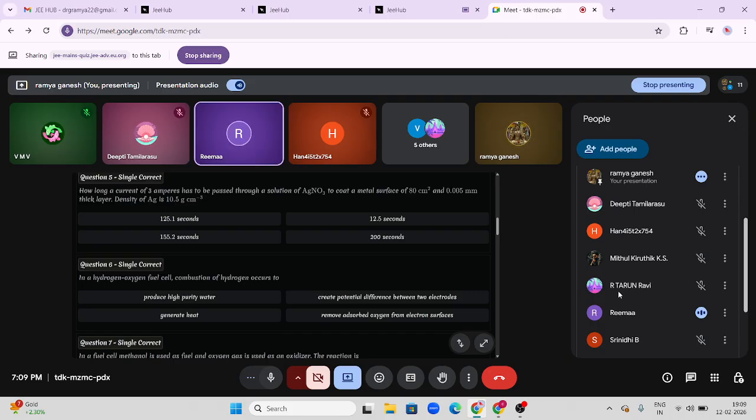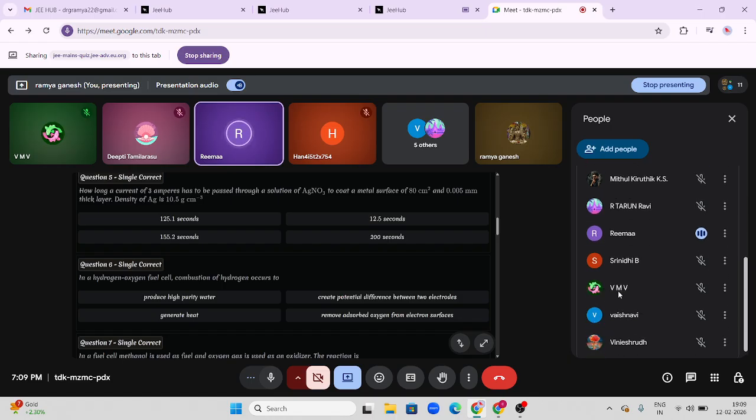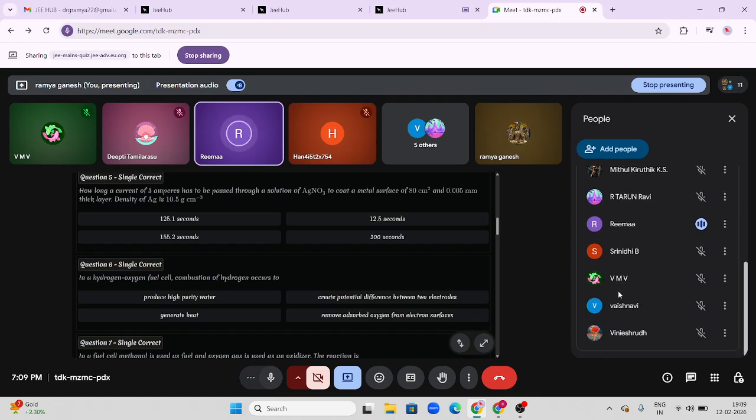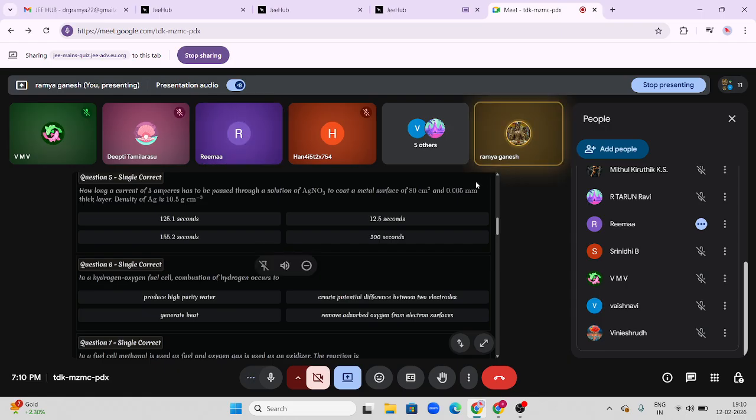Ma'am, we have to use that formula. Mass equal to Z into I into T. Correct. So mass you will be calculating from that. What will be your Z value here?